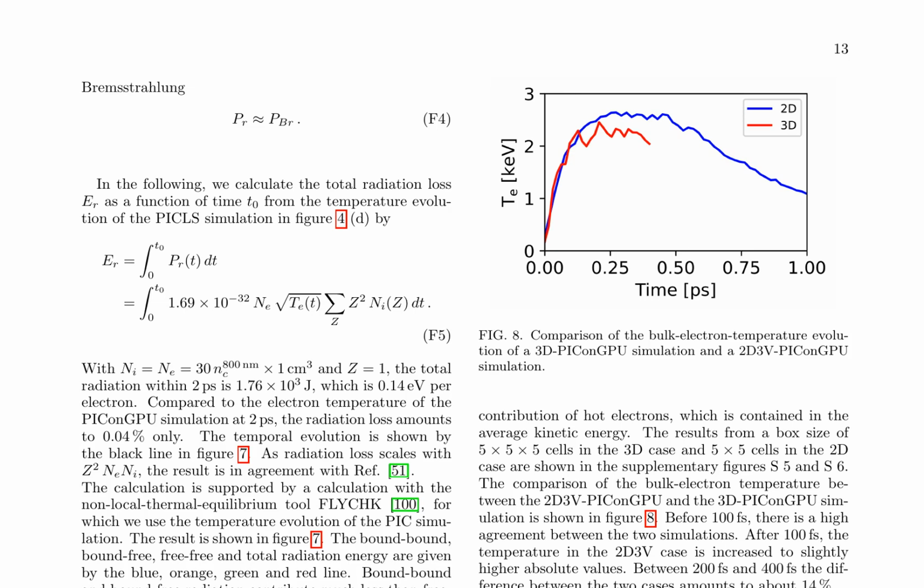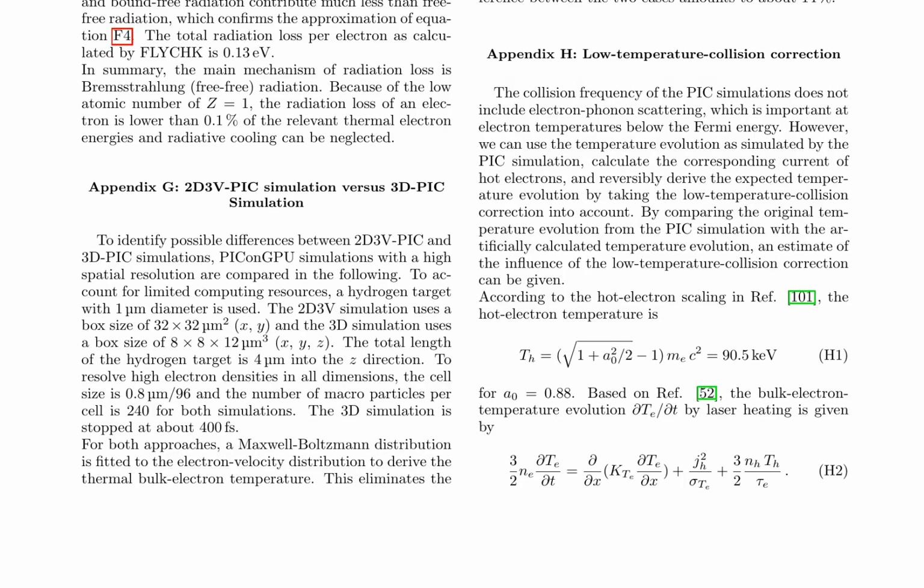To further explore the differences between 2D 3V PIC and 3D PIC simulations, a comparison is made using a hydrogen target with a diameter of 1 micrometer. The 2D 3V simulation utilizes a box size of 32 × 32 square micrometers, x, y, and the 3D simulation uses a box size of 8 × 8 × 12 cubic micrometers, x, y, z.